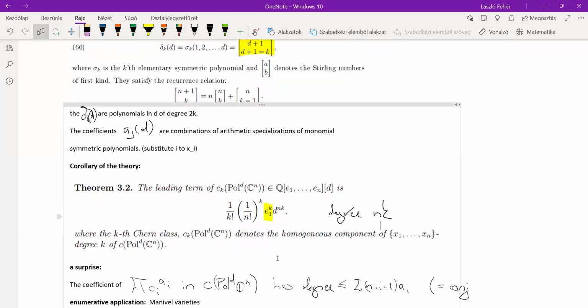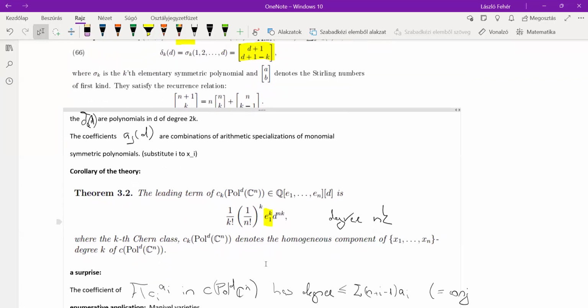Actually, I will get back to this now. Okay, so when I use this basis of elementary symmetric polynomials, then I would like to understand what is the coefficient of this product.